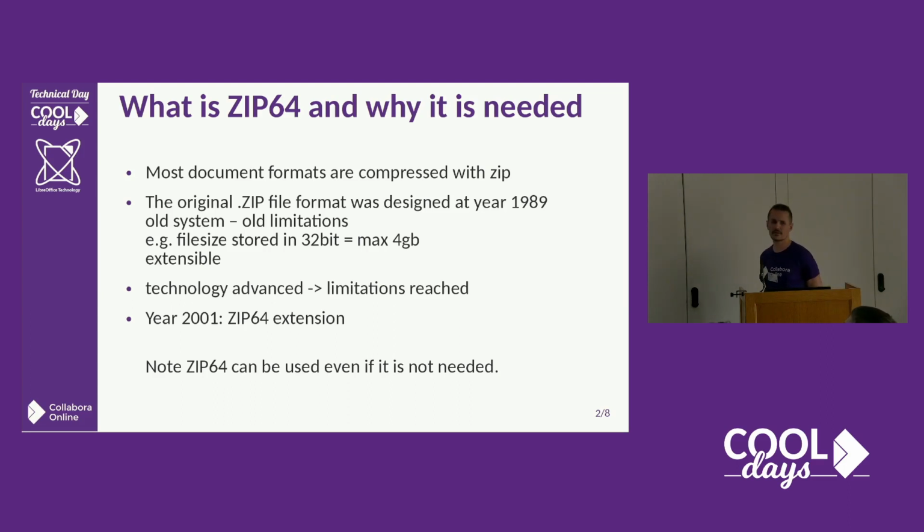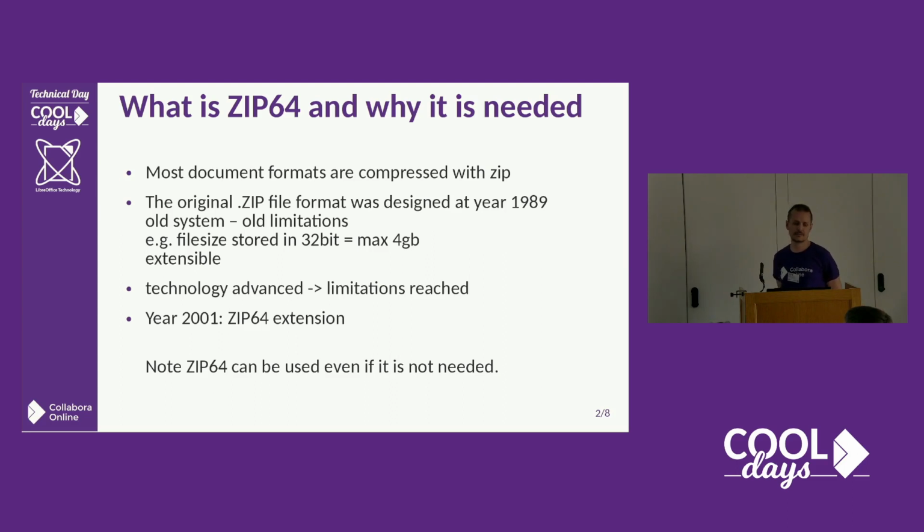It stores file size in 4 bytes, which means we can compress only 4 gigabyte sized files. It was okay at that time because the largest hard disk drive was smaller than 4 gigabytes. But as technology advanced, we reached these limitations.